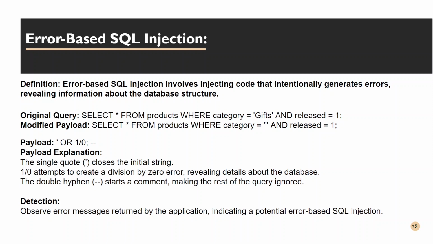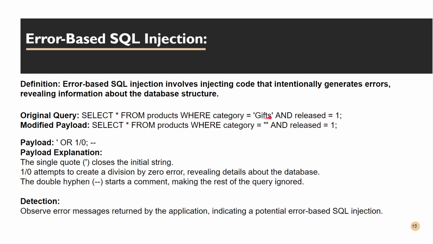So one thing an attacker can do in the case of error-based SQL injection is to inject a single quote or a double quote within that particular search field. And this can modify the query. Now it's going to look this way. Select everything from product where category equals the first quote, then the injected quote.